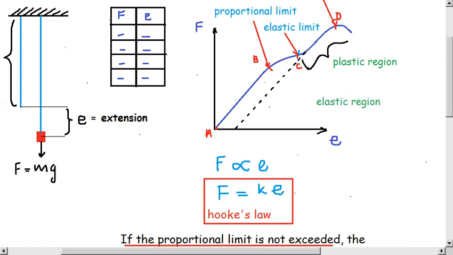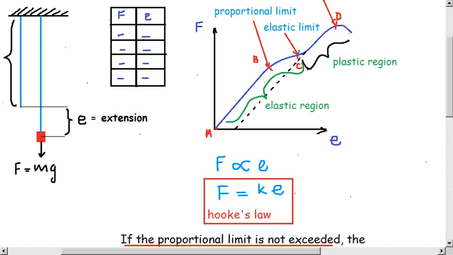So we couldn't label this region as the elastic region. We only discussed that this region is called the elastic region up to this point. After that, this region is called the plastic region, because plastic deformation occurs in that region.